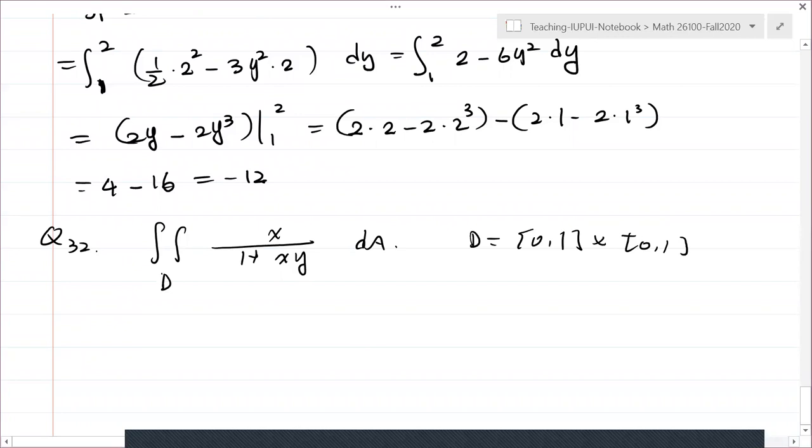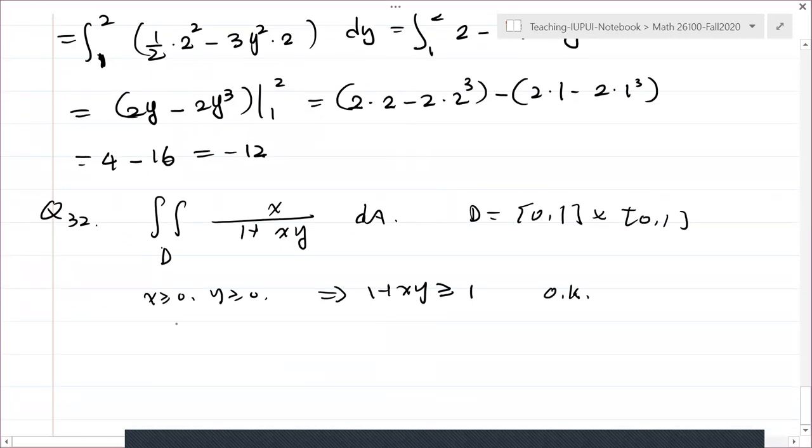Over that domain, x is greater than 0, y greater than 0. So that implies 1 plus xy is always greater than 1. Okay, we are okay because the function is well defined. Otherwise, the function is not even continuous if you divide by 0.